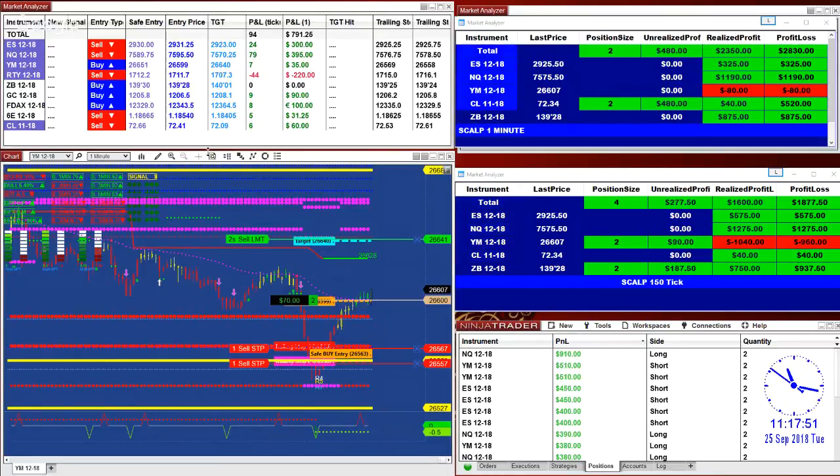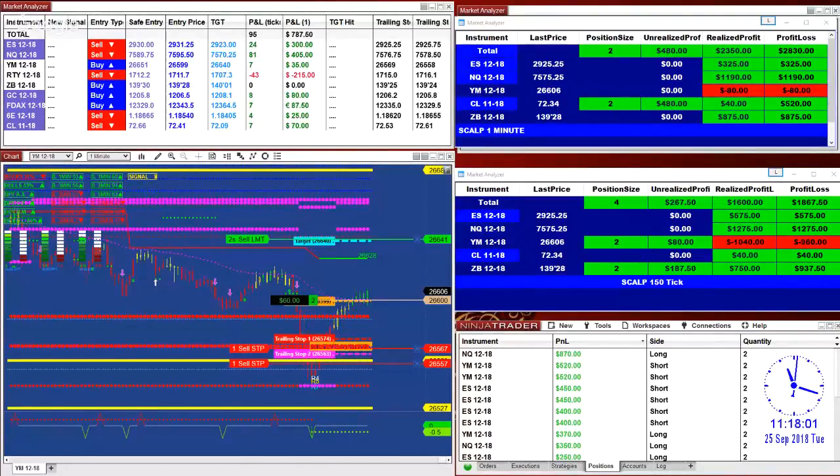For the ones who don't know where to look for the new signal, it will be here in the first column. This is a very nice liftoff on the Nasdaq, on the YM. We always try to make sure that you get one or two trades every day.